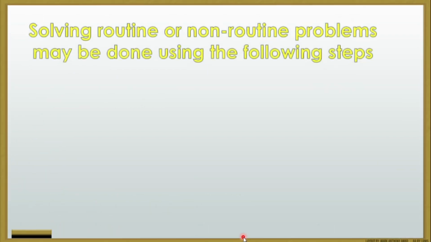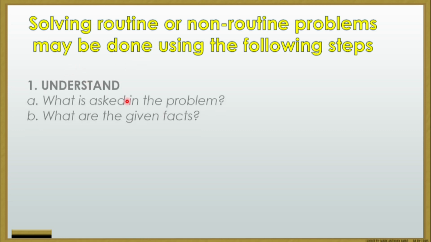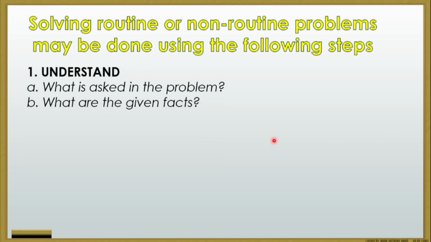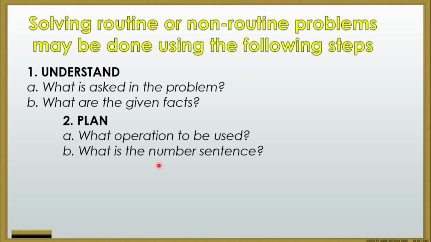Okay, so let's have some review. To solve routine or non-routine problems may be done using the following steps. Number 1, again, is to understand. In understanding, letter A is what is asked in the problem. Letter B is what are the given facts. For number 2, plan.